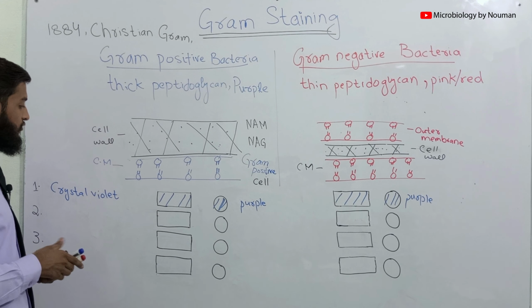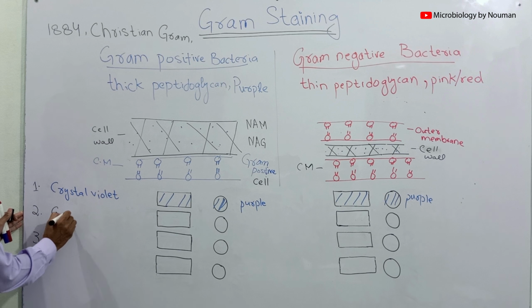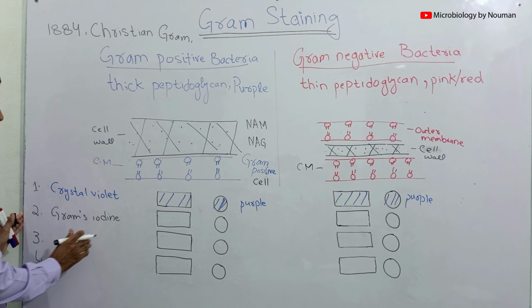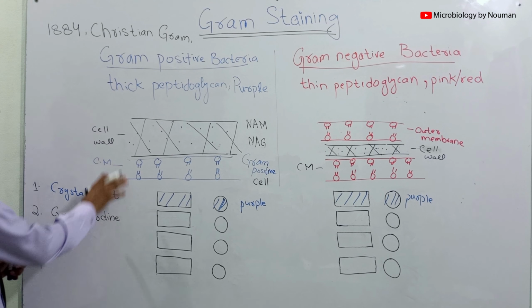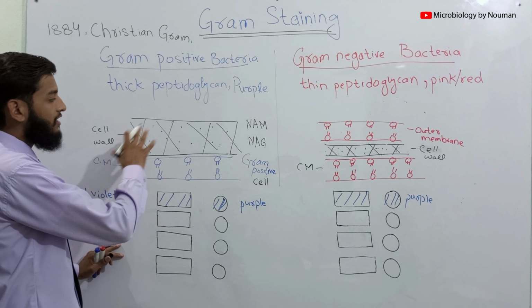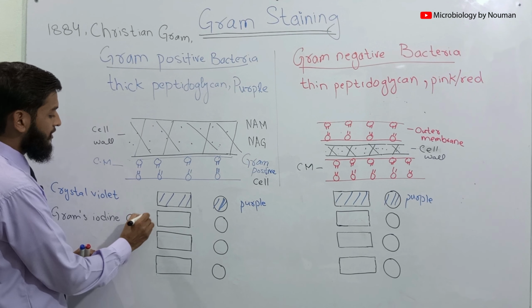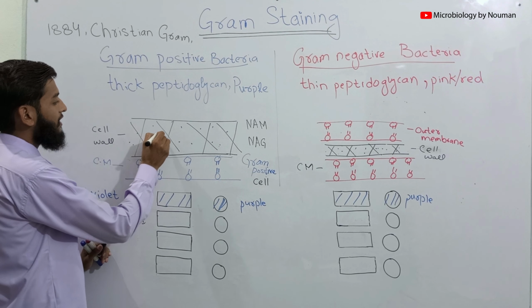In the second step, we will apply a solution known as Gram's iodine. It is a yellow color solution that will penetrate inside bacterial cell wall and make a crystal violet iodine complex. It will bind with this crystal violet and make a complex.